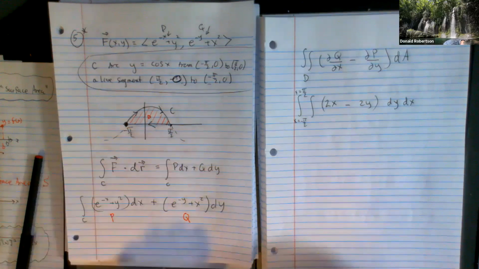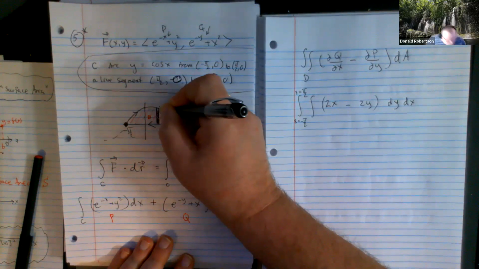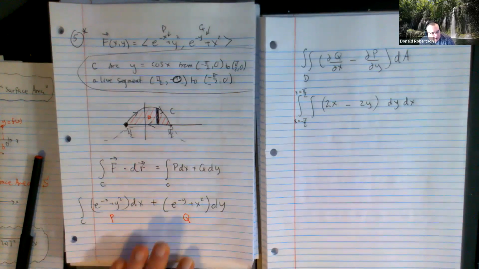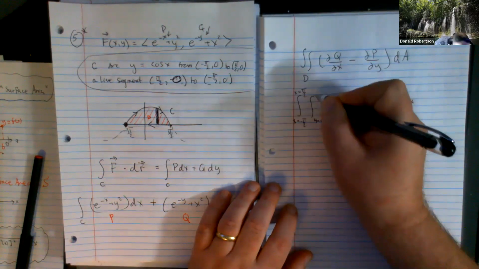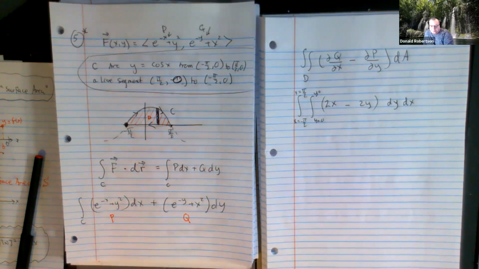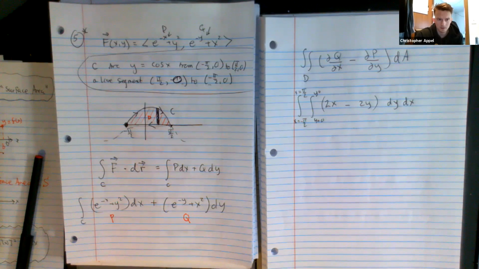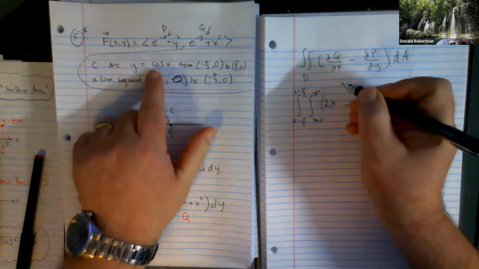And if you imagine the little vertical rectangle, won't that go from y equals 0? And what will the top limit of the y be? It's cosine x. Here it is.